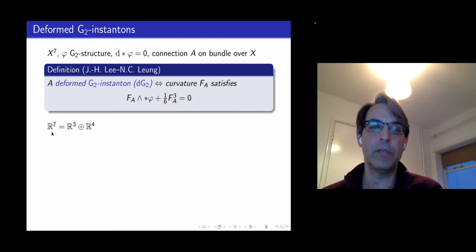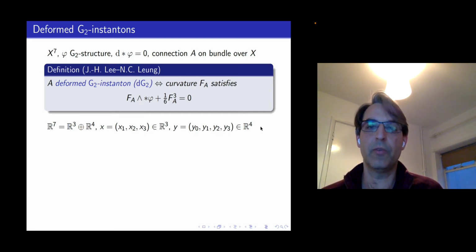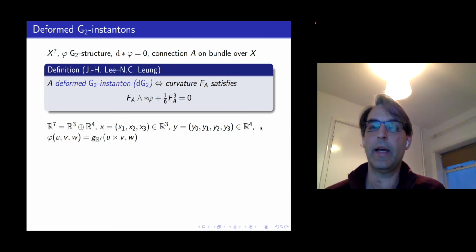This is a very important splitting in G2 geometry in general, that 7 equals 3 plus 4. Then I'm going to choose coordinates x and y on the R^3 and R^4 component respectively. And I'm going to recall that I can define my G2 structure 3 form as a scalar triple product using the Euclidean metric on R^7 and the cross product, viewing R^7 as the imaginary octonions.